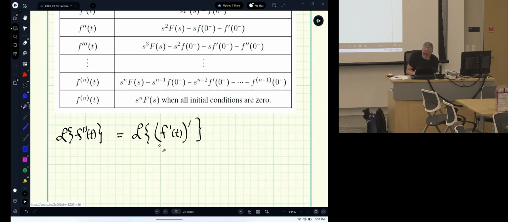So the Laplace transform of a derivative, so this is equal to s times the Laplace transform of f prime of t minus f prime of 0. Okay, so I just put f prime for f.